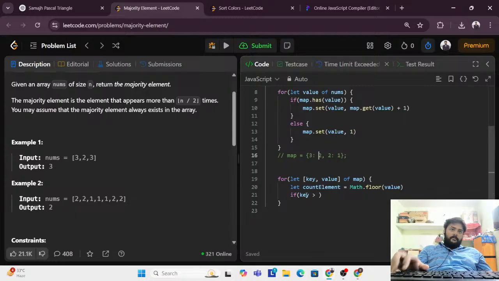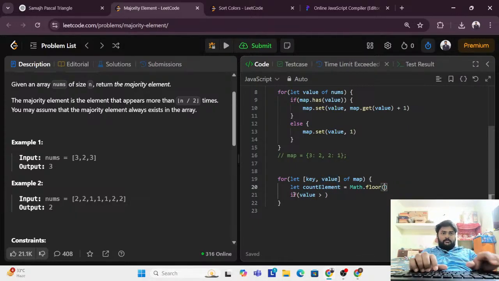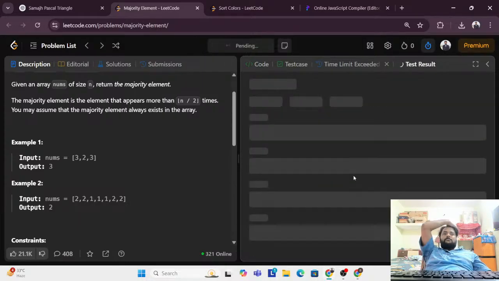Yeah, you need a value basically. The value is greater than nums dot length divided by 2. If it is greater than the count element, I'll just return the value. No, I should return the key. So yeah, let's see.